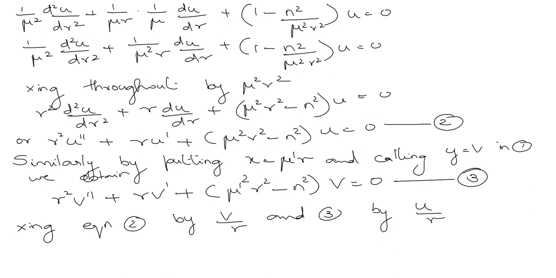Now similarly, by putting x is equal to μ'r and y is equal to v in equation 1, Bessel's differential equation, we can obtain r²v'' plus rv' plus (μ'²r² minus n²), the whole thing into v is equal to 0, where v'' is d²v/dr² and v' is dv/dr.